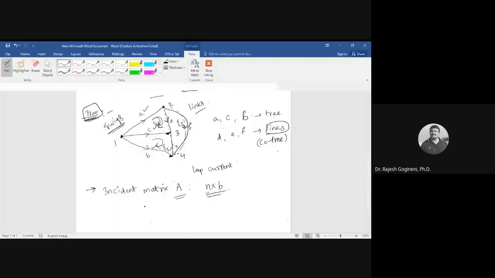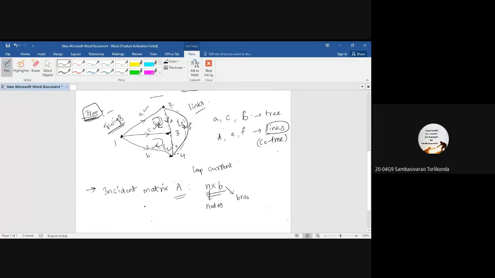For a graph, N is the number of nodes. B is the number of branches. So the incident matrix size is N by B.